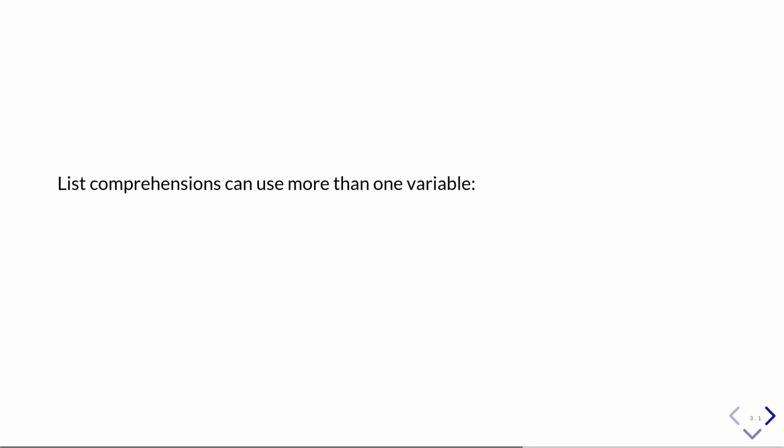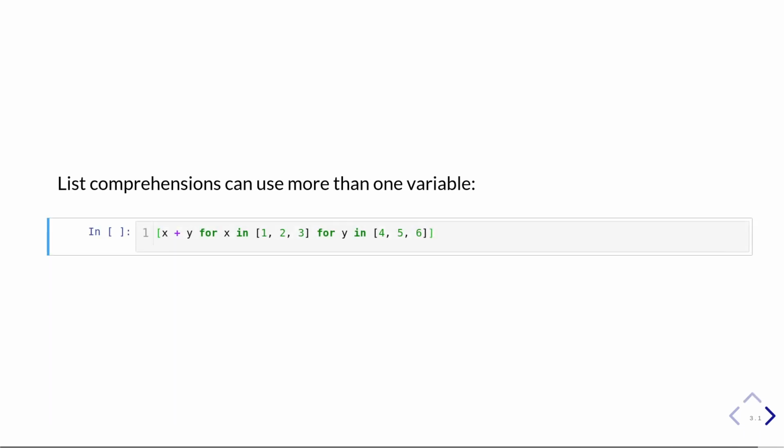Now, list comprehensions are actually even more flexible than this because you can use more than one variable in your list comprehension. For example, if you want the sum of any number from 1, 2, 3 and any number from 4, 5 and 6, then you could do that with a list comprehension where you had two variables x and y, and you looked at all things of the form x plus y for x in the list containing 1, 2 and 3 and for y in the list containing 4, 5 and 6.